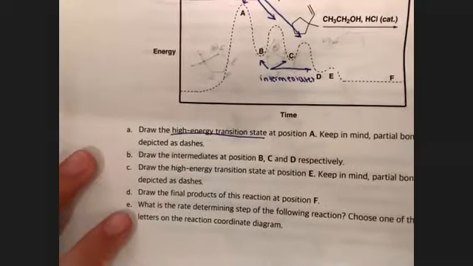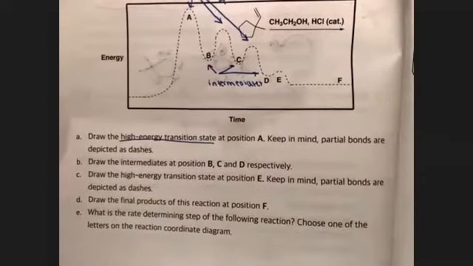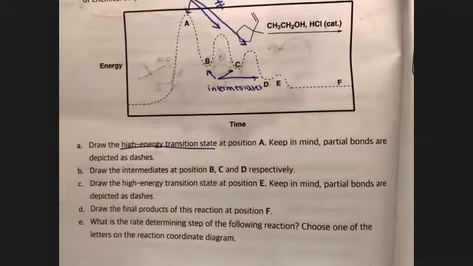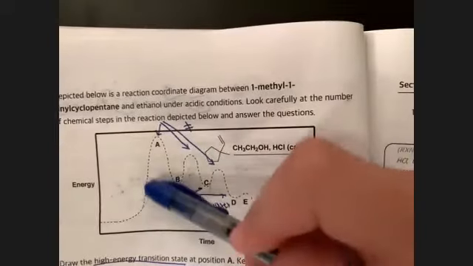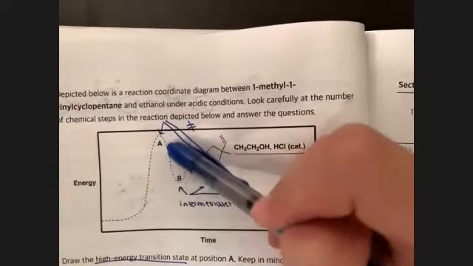And then E, what is the rate determining step of the following reaction? So you can know absolutely nothing about organic chemistry and get your free point here. Your rate determining step, if you remember this from Gen Chem, is the mechanistic step that takes the longest amount of time to accomplish. So the one that takes the longest time to complete is going to be the one with the highest energy barrier, or the step that requires the most energy input.